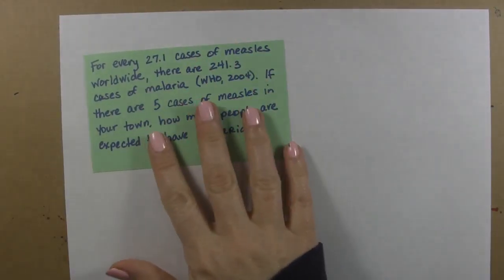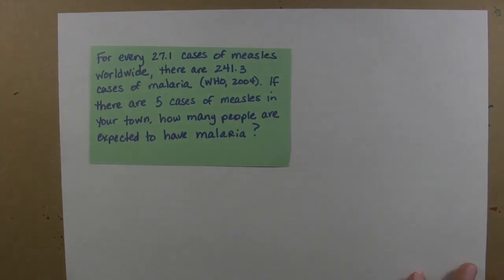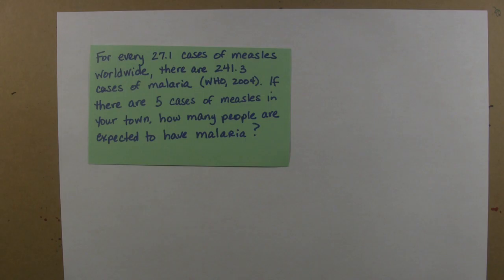Now we have one more to do. And this is from the World Health Organization. The World Health Organization reports that for every 27.1 cases of measles worldwide, there are 241.3 cases of malaria.